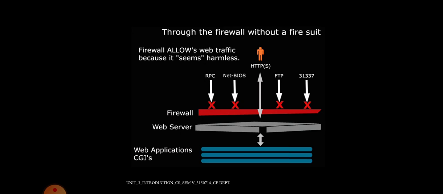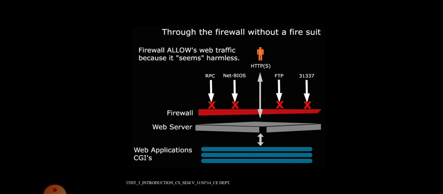First one, the web application, which is connected with web servers, and the web servers are connected with the firewall system. The firewall is used for security, and it is connected with RPC, NetBIOS, HTTPS, and FTP. FTP is file transfer protocol.